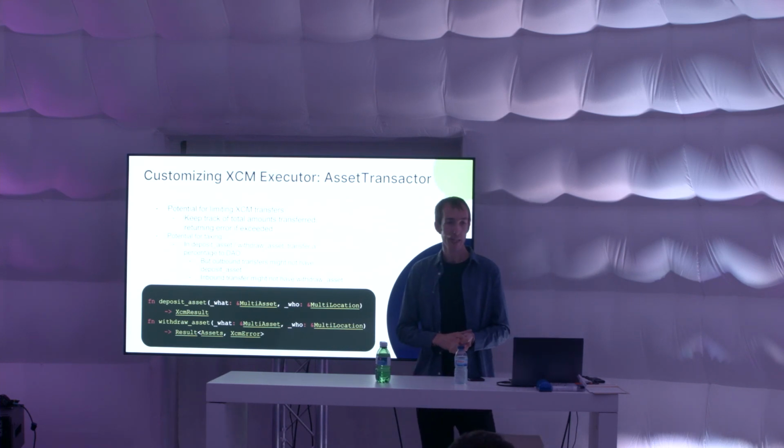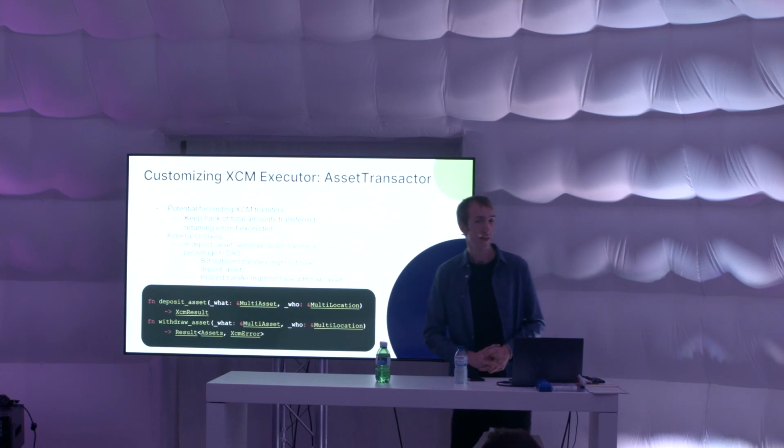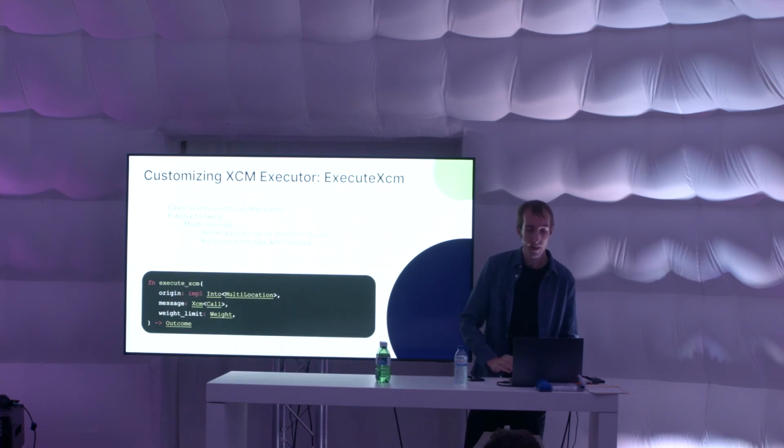So the idea would be to just hook into these functions, and when there's a withdraw, just reduce the amount that you're withdrawing and transfer something to Treasury or DAO. The problem here is that this would totally mess up the bookkeeping. The receiving parachain would have a different view of what it has access to compared to what it actually has. So this is also not suitable.